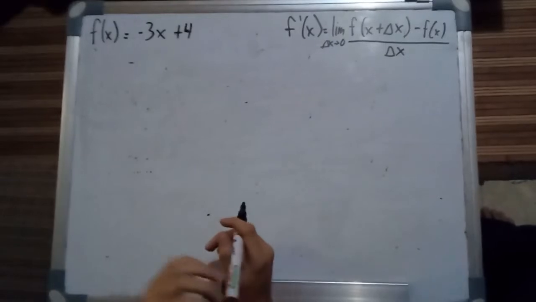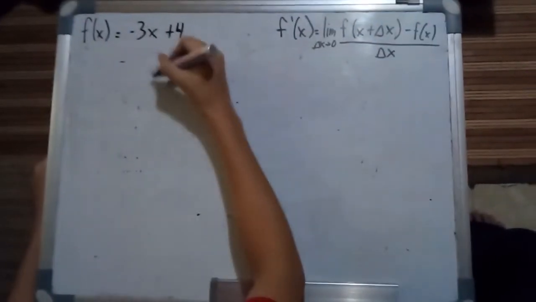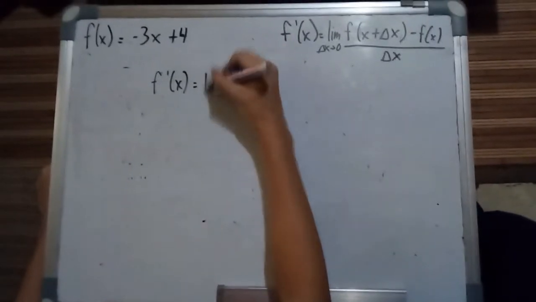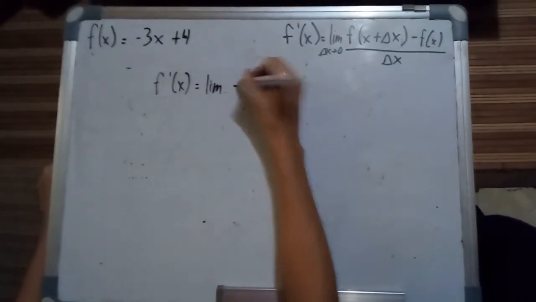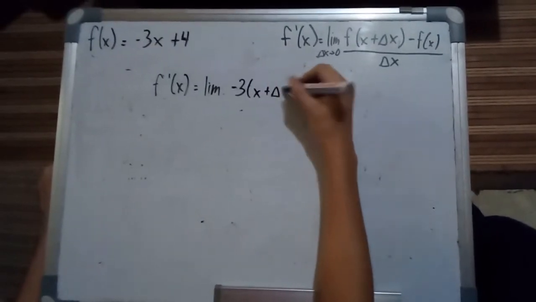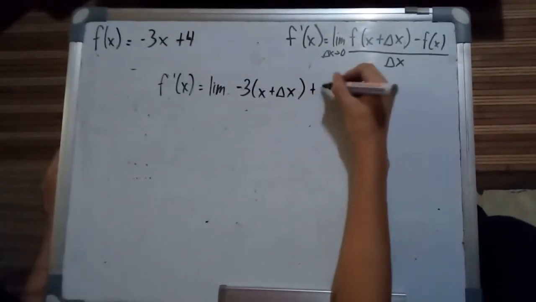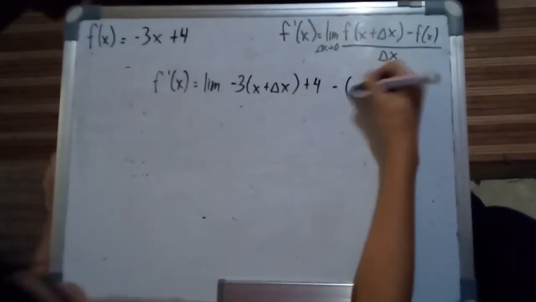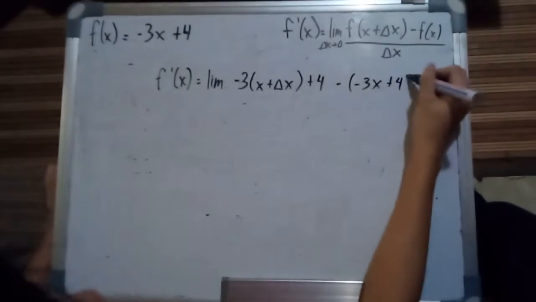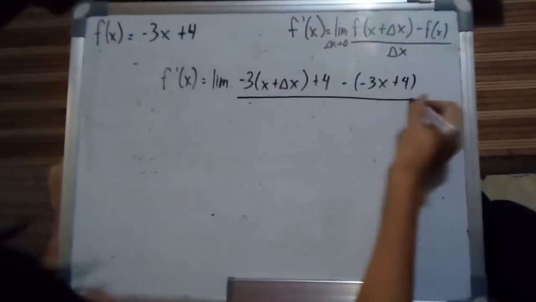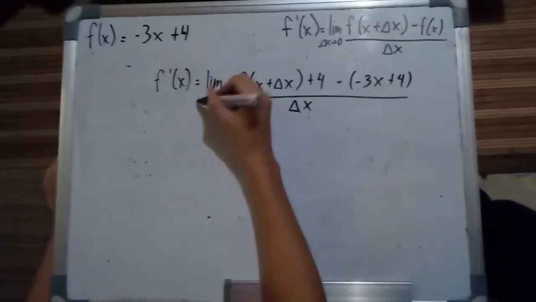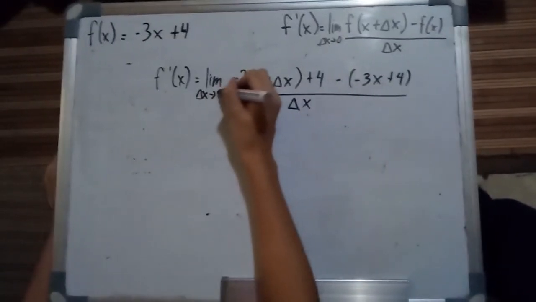To get the derivative of the function negative 3x plus 4, we use the same formula. So f prime of x is equal to the limit of negative 3 times the quantity x plus delta x plus 4 minus f of x, which is negative 3x plus 4, all over delta x, as delta x approaches 0.